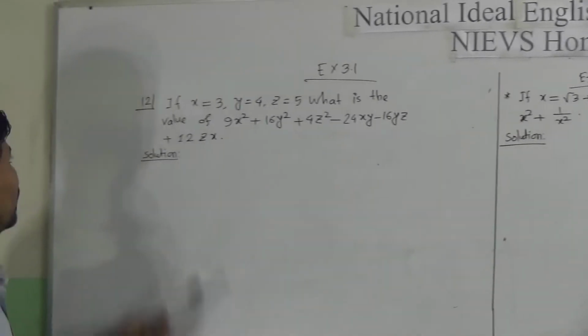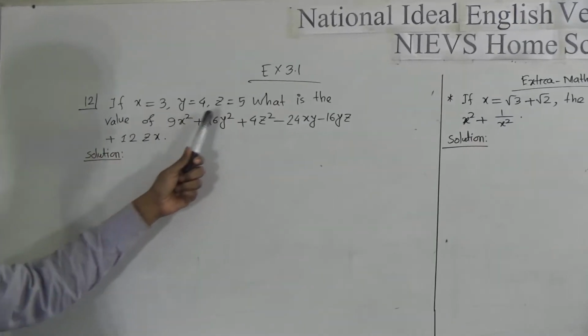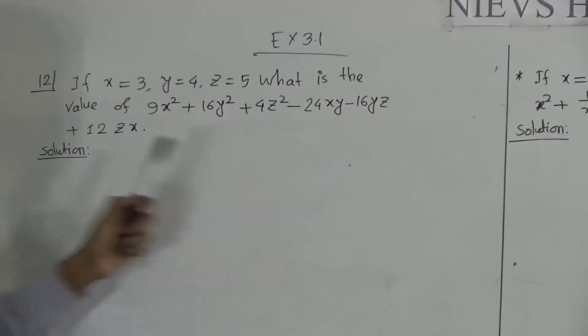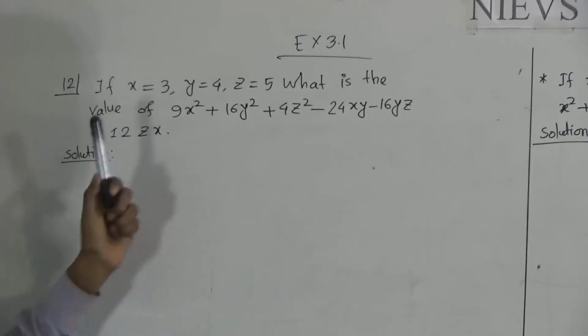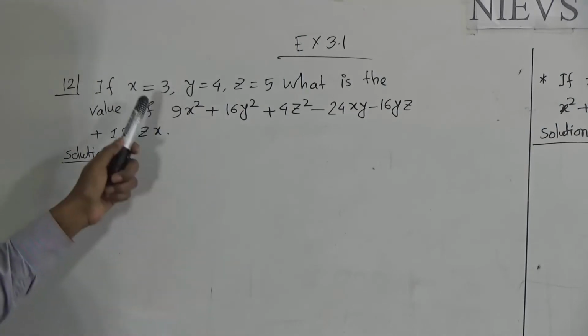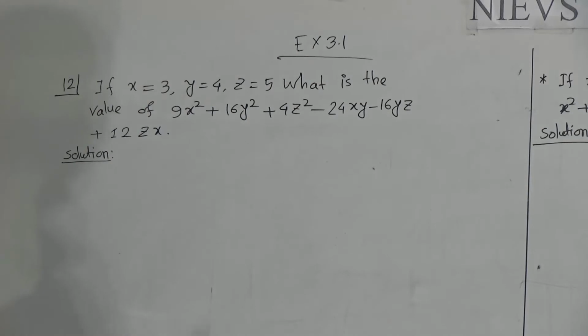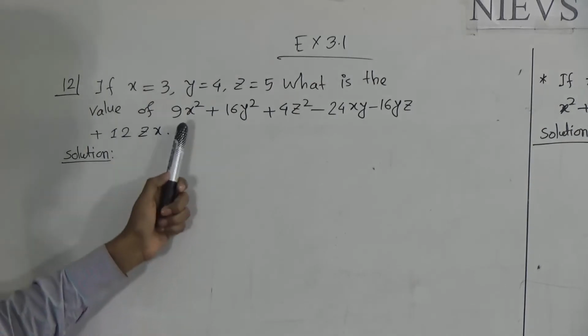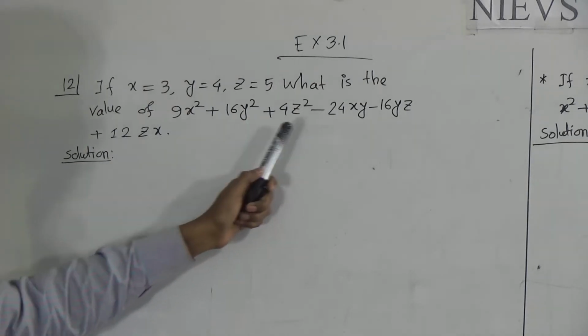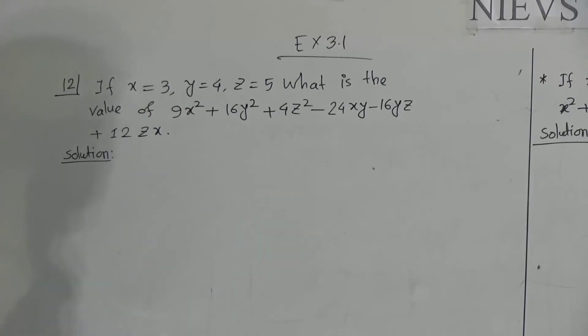Look, question number 12: if x equals 3, y equals 4, z equals 5, what is the value of this expression? If you put the values x equals 3, y equals 4, z equals 5 in this expression, then you get the required result.